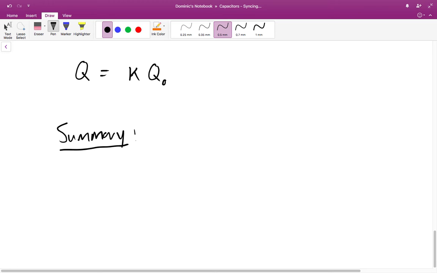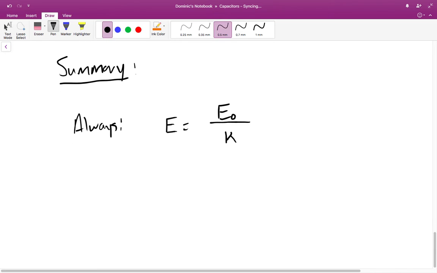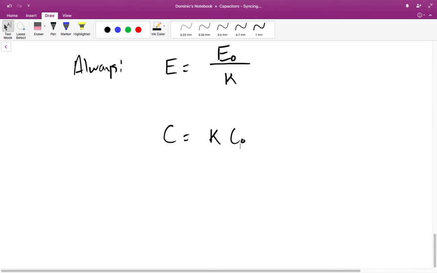The new electric field after we insert the dielectric is going to be equal to the old electric field, E naught, divided by kappa, that dielectric constant. The capacitance of our capacitor is always going to increase by a factor of kappa, so kappa times C naught. That always happens no matter what we do with the battery.